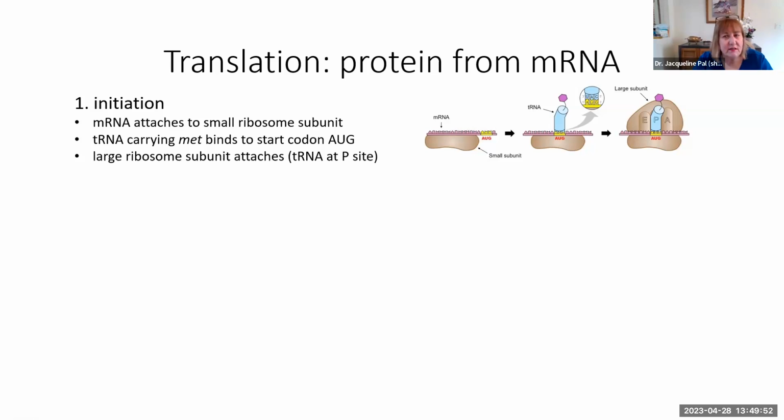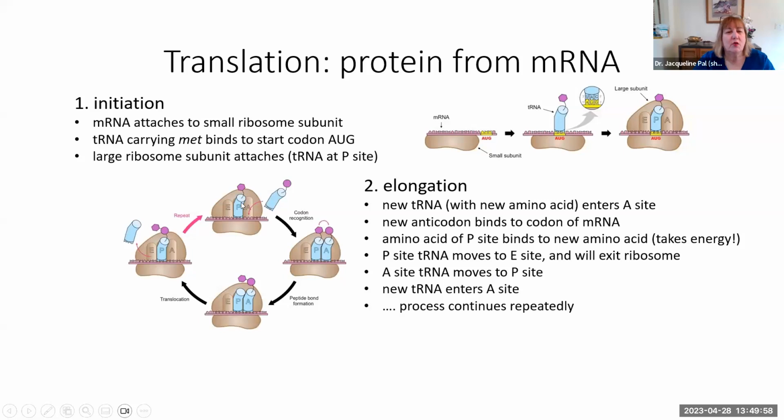After initiation, what step do we have next? Yep, that's right, elongation. So now here's where we left off up there. And now we have a new transfer RNA with a new amino acid that's complementary to the next codon. It is going to attach in the A site.